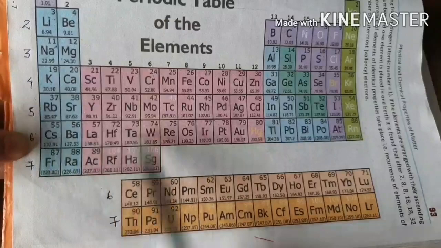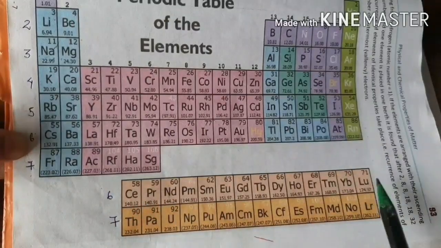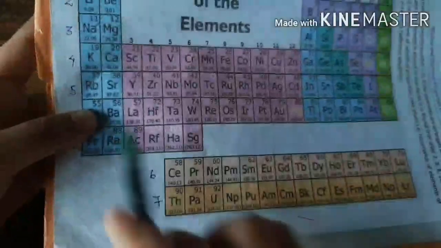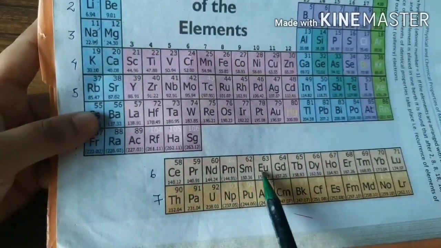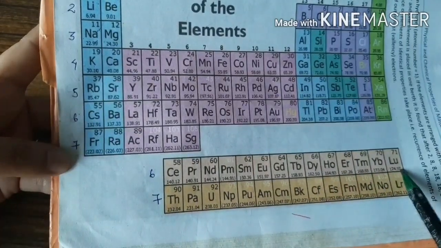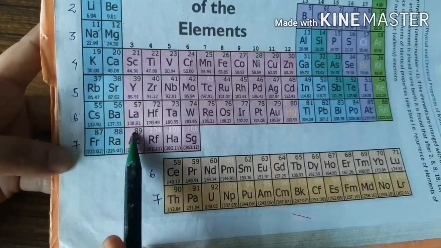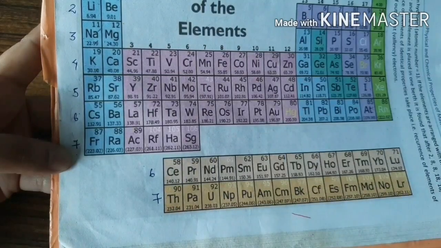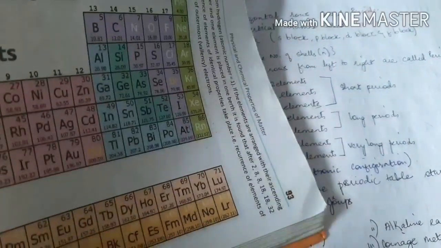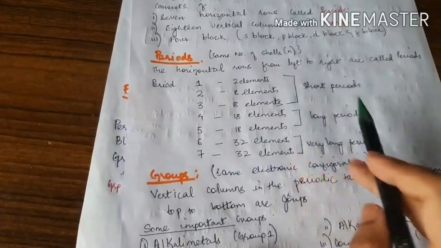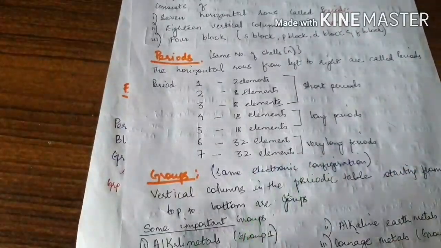If you count 18 here plus this one, it will have 32 elements. Then in the seventh, 87, 88, 89, then 90, also 32 elements. These 2 periods, 6 and 7, have 32, so they are called very long periods: short periods, long periods, and very long periods.